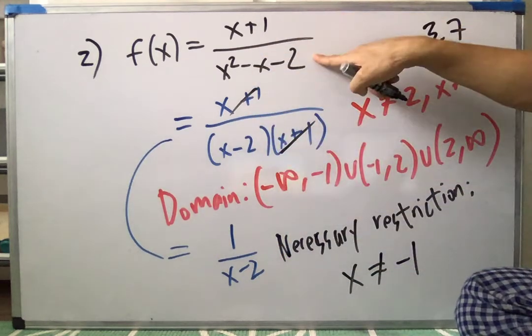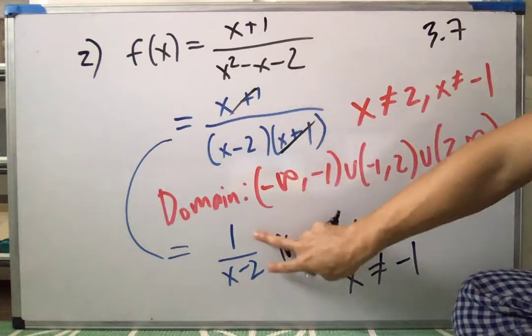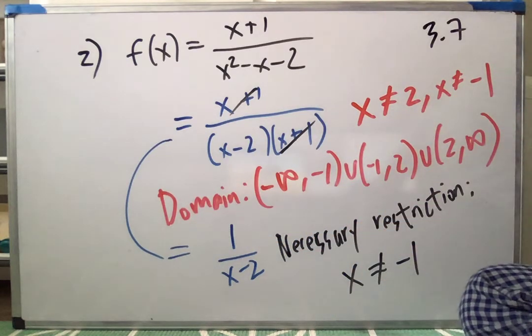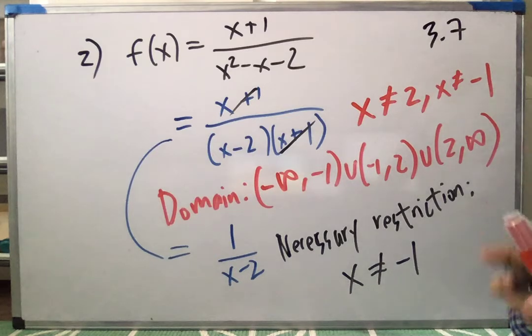So our original function is, for all intents and purposes, equal to 1 over x minus 2, except x cannot be equal to negative 1. Otherwise, the graph will look exactly the same, except it just has a hole right where x is negative 1.